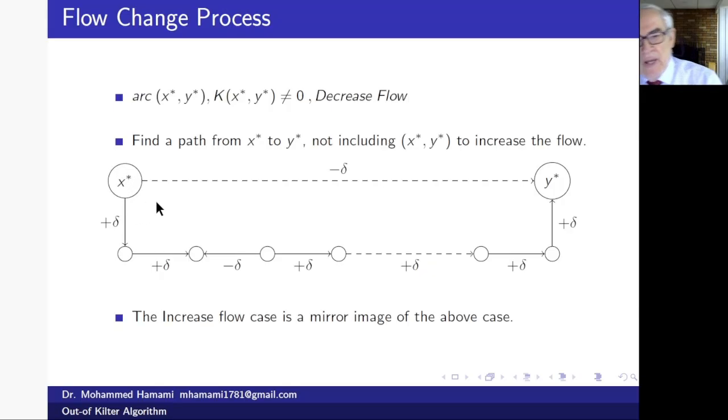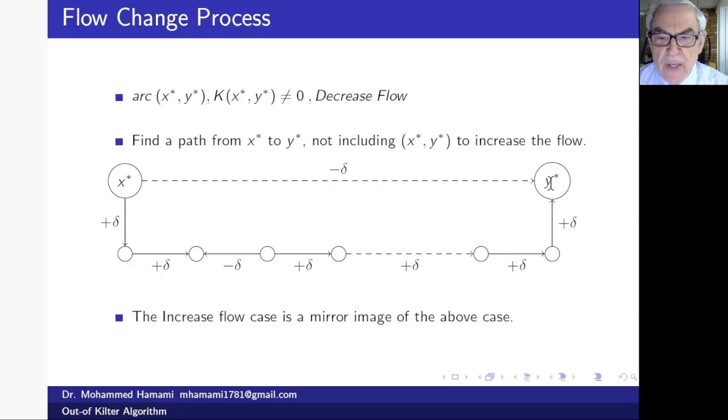So we look at all the arcs between the red nodes and the white nodes, and see, also using the flow change rules, which arcs I can change the flow on, and I color those red, and so on. At each iteration, I check whether y star is red or not.